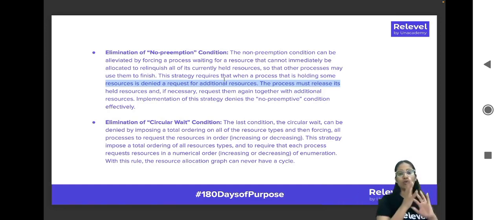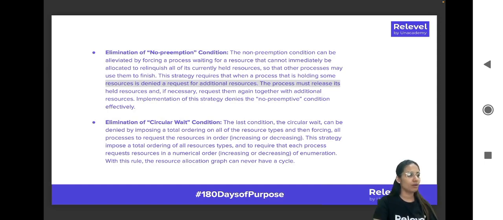So I let go of my 3 resources because 2 were not available, and in future I can request all 5 again with some additional resources as well. This strategy makes sure that the no preemption condition does not happen effectively. So that's pretty much the idea about no preemption.